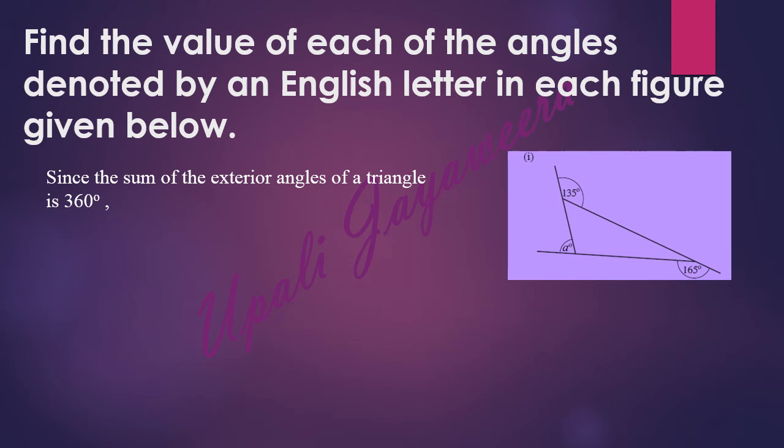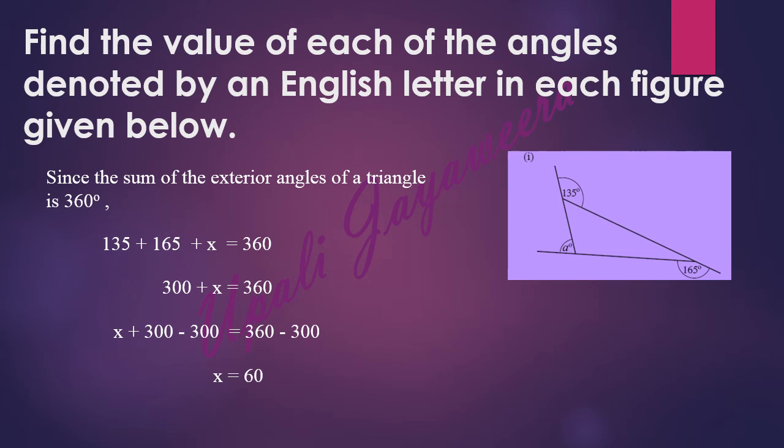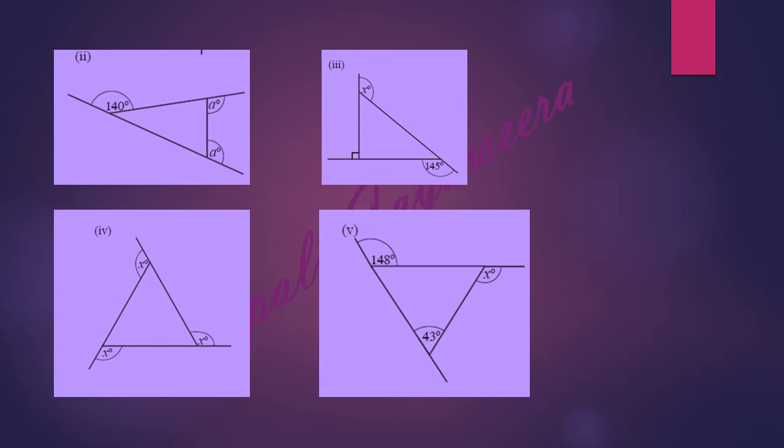Since the sum of the exterior angles of a triangle is 360 degrees, 135 plus 165 plus x should equal 360. Then you can simplify and solve the simple equation. Then you will get the answer x equals 60. Now number 2, 3, 4 and 5 for you.